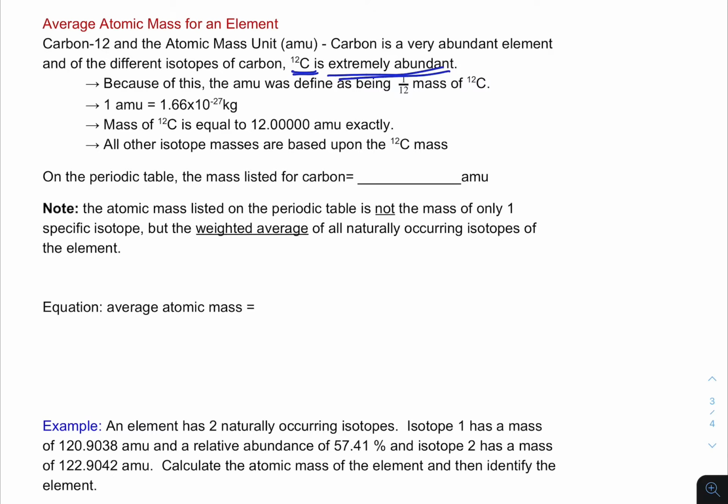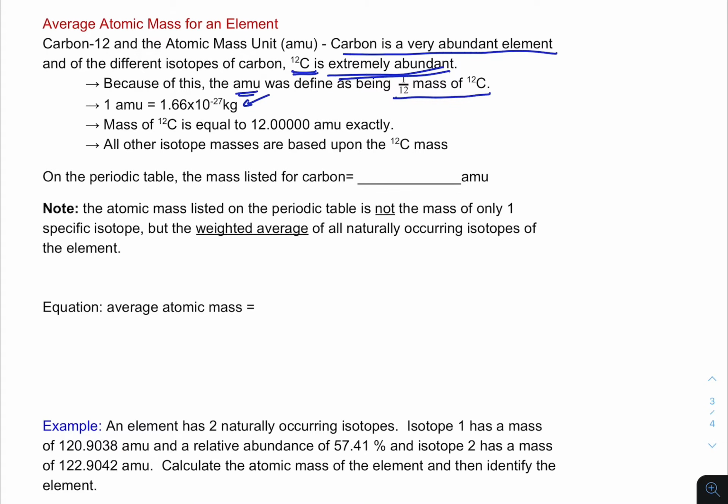In addition to that, carbon is a very prevalent atom in our world, right? It makes up all the building blocks of nature and living organisms and everything. So it's so prevalent, and its carbon-12 isotope is very prevalent. Because of those two things, the people that designed this specific mass unit defined it as being 1/12 the mass of carbon-12.